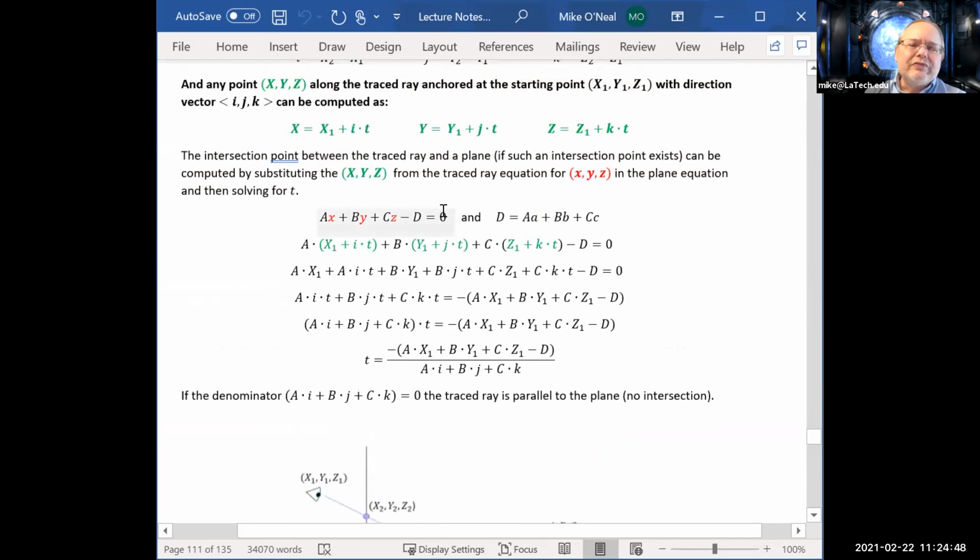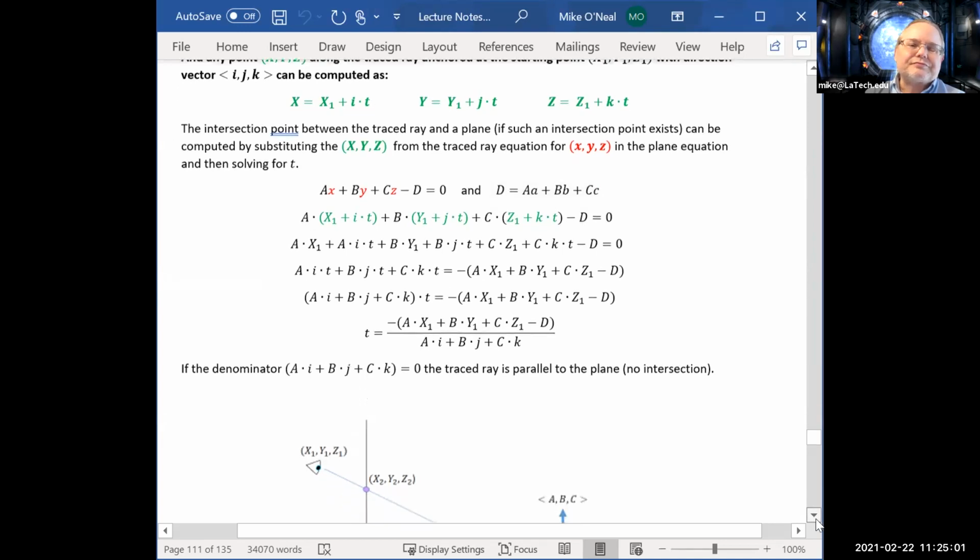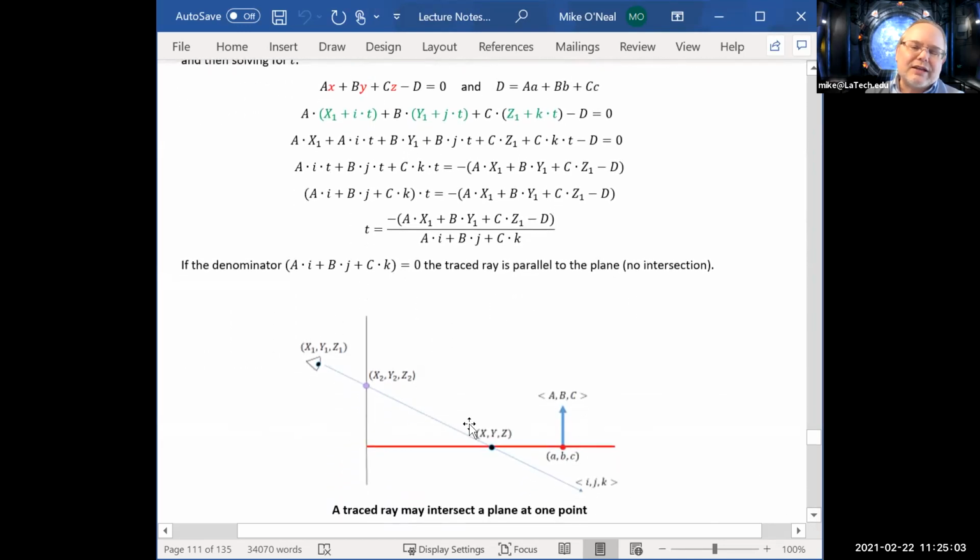And so this equation here is essentially the dot product. If you want to think of little a, little b, little c as a vector, and of course cap A, cap B, cap C is a vector, this D is just a dot product.